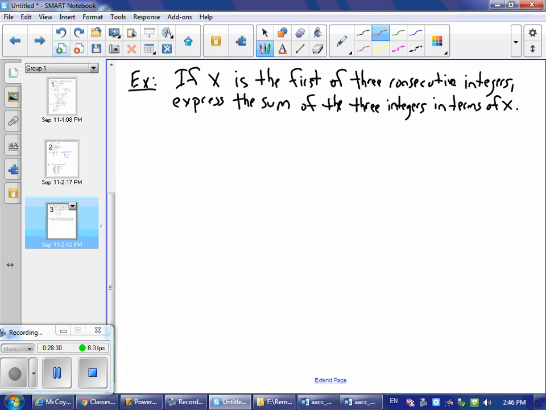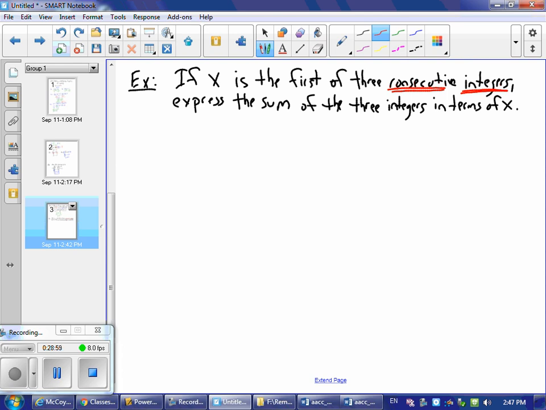Okay, so it says if x is the first of 3 consecutive integers, here's the vocabulary right there, consecutive and integers. Integers we've talked about before. If you recall, the integers are the positive and negative whole numbers including 0. So no fractions, no decimals or anything like that. It's just the positive and negative whole numbers. It's the word consecutive.